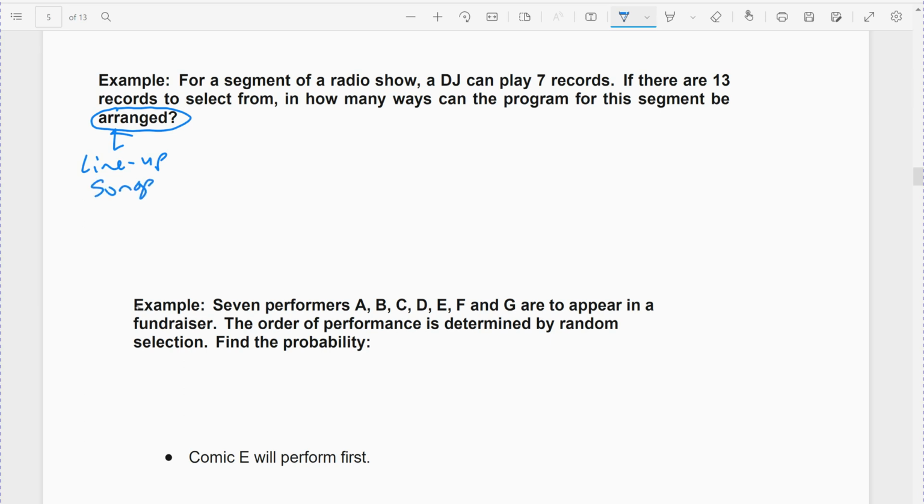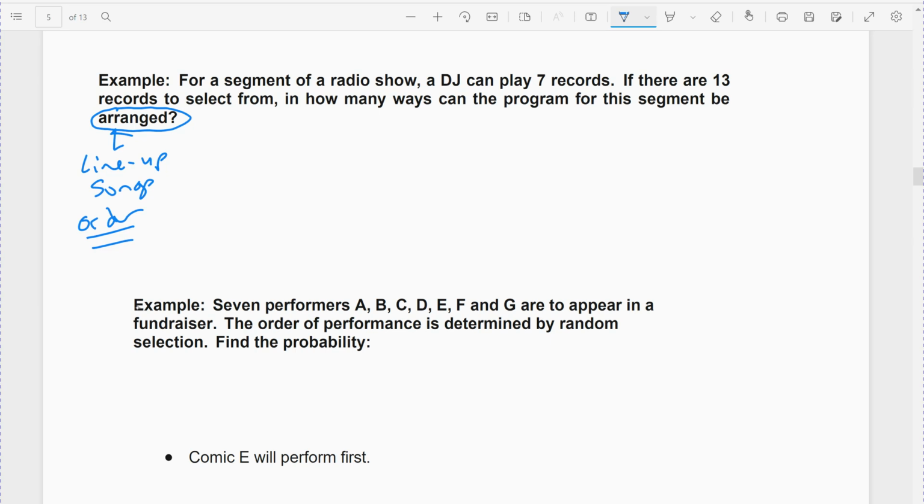And we want to know how many different lineups there are, so that means order. Order is important because first song, second song, third song, fourth song, fifth song. We were figuring out the arrangement. There might be a better order for the songs to flow than a different order. So again, order matters. It's different for the flow.